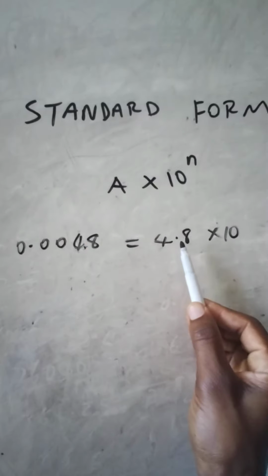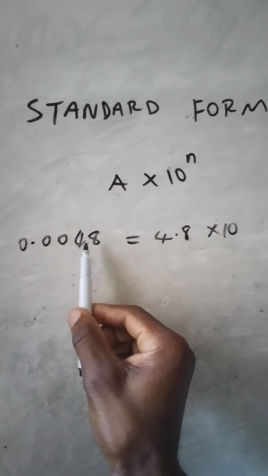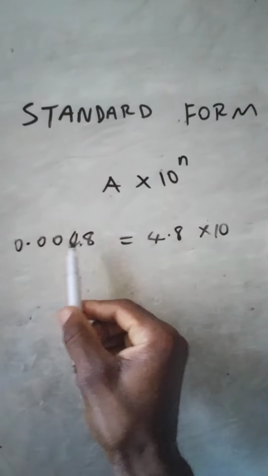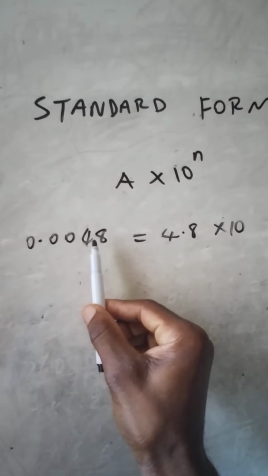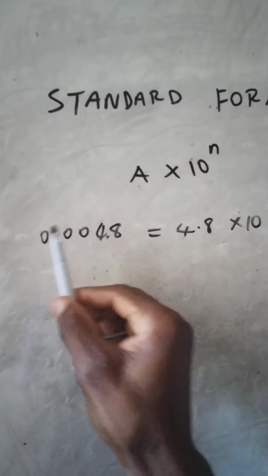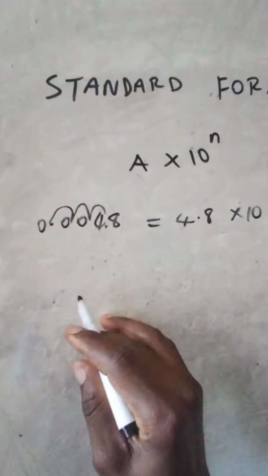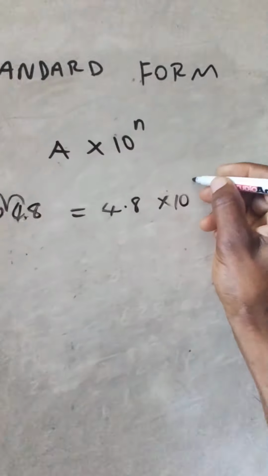What do I need to do to get back to the original number? So you put the point here in the new number. So you need to go 1, 2, 3. So you go 3 places, put the 3 right here.